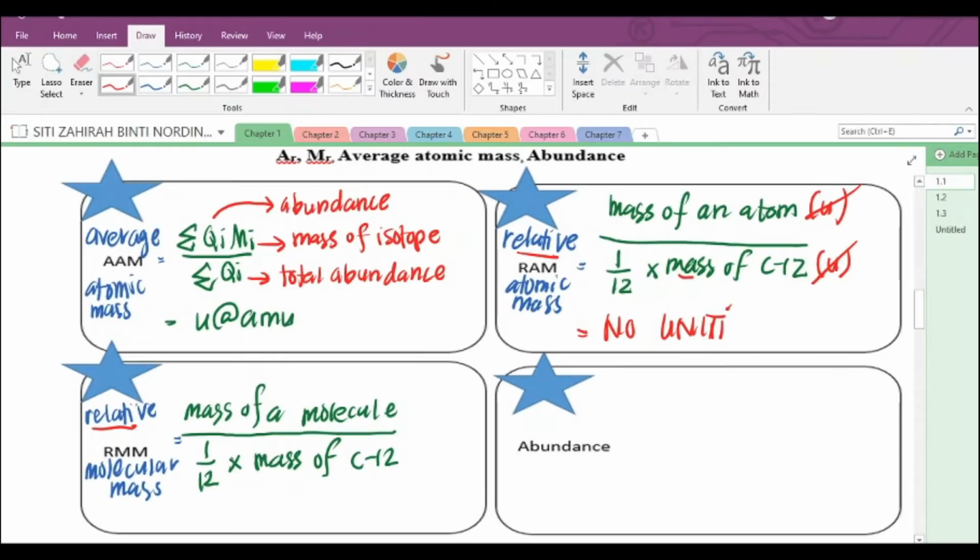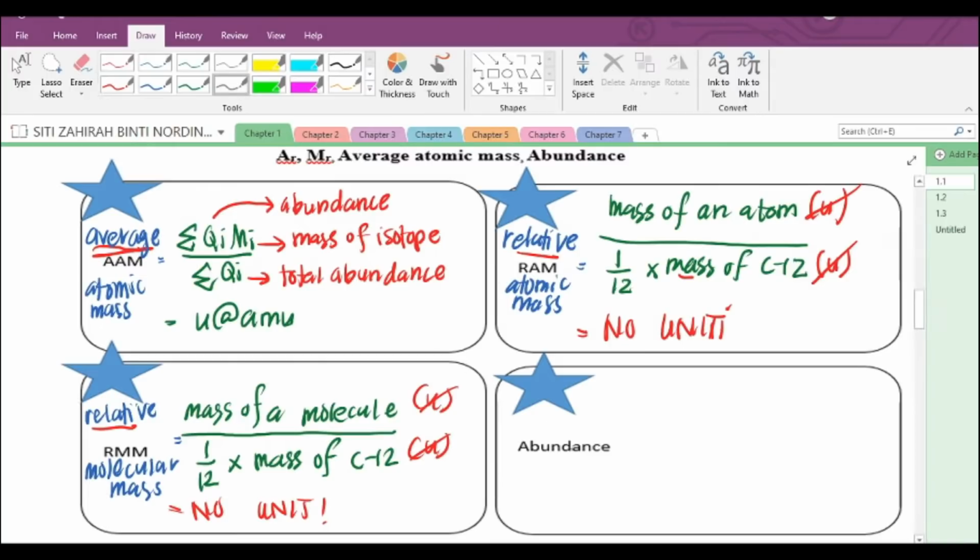So remember class, the one that has a unit is the average atomic mass. Relative has no unit since you can cancel off the unit.